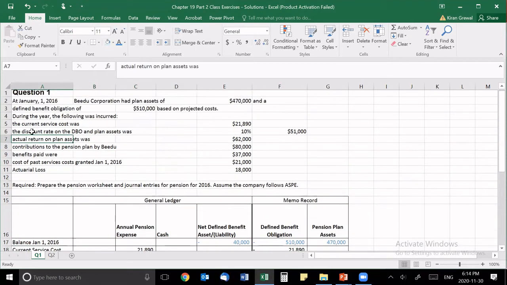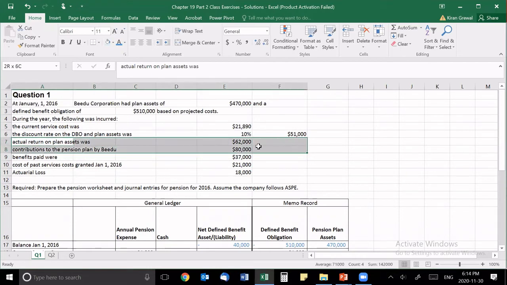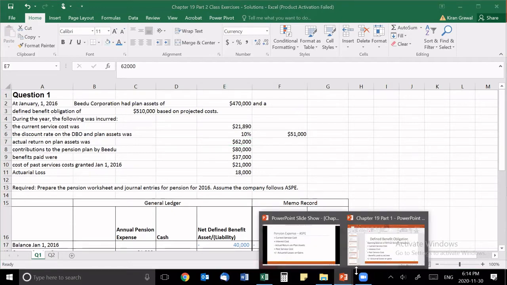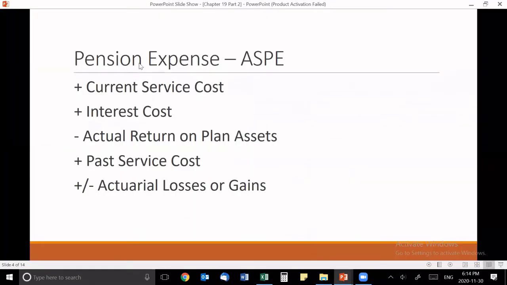Next, let's just go down the list and add these one by one. So our actual return on plan assets was $62,000. So where are we going to add this? If we go back to our cheat sheet, we know that for pension expense, you're going to subtract your actual return on plan assets, which means anything that's going to decrease your expense is going to be a credit.